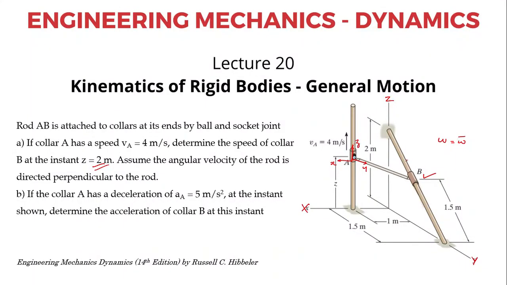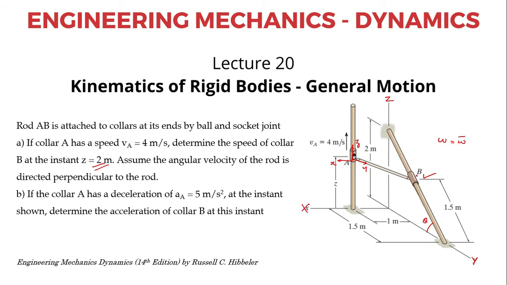If the inclination of this rod is theta with respect to the y-axis, I can express the velocity of VB in terms of the horizontal and the vertical components. Since this collar A moves upward, this collar B also moves upward along this rod.